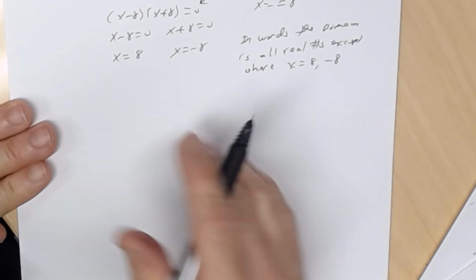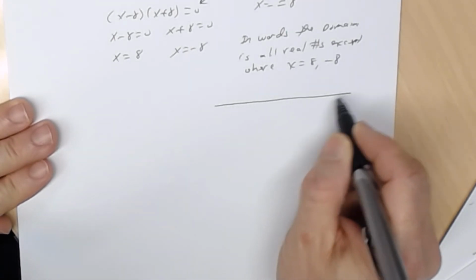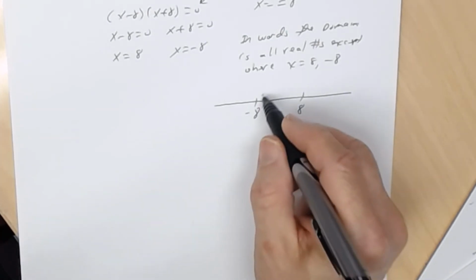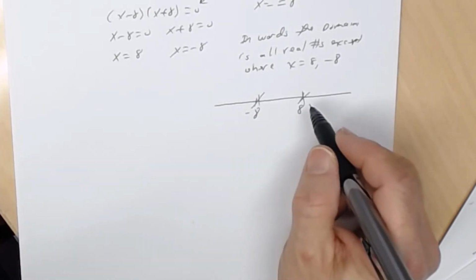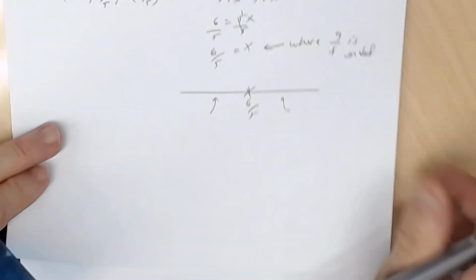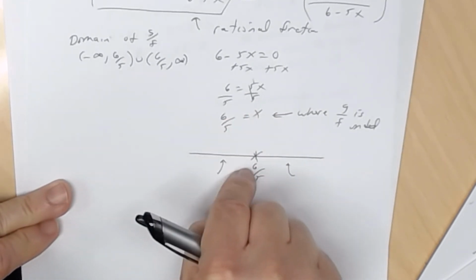And remember from a previous lesson what we did. You put those on the number line in order. So you have to put negative 8 first, then you have to put positive 8, and then we cross them out. So notice that this time, remember the previous one, how many restrictions were here? How many restrictions did we have? We only had one.